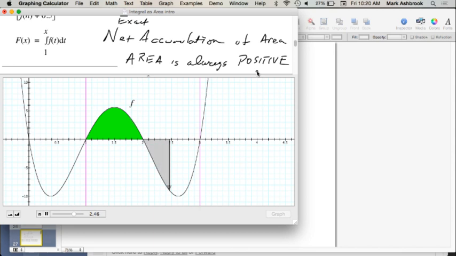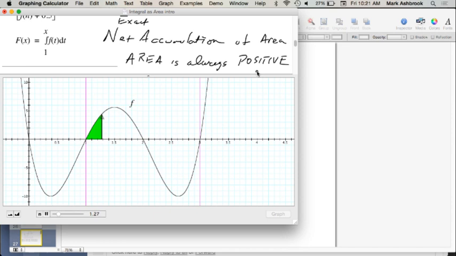Signed area can be both positive and negative. And it's the accumulation of what? Areas above the axis where the function is positive, and then it's going to end up subtracting out areas that are below, right? So if you think of that gray as area, then what happens in capital F?